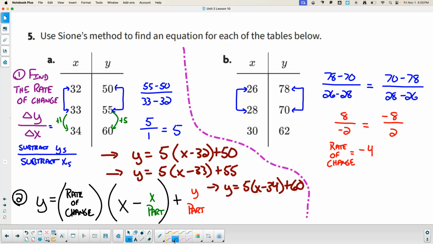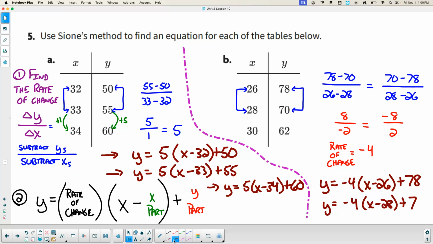So if we pick the first one, y equals negative 4 times x minus 26 plus 78. Y equals negative 4 times x minus 28 plus 70. Or, see if I can fit it in, negative 4 times x minus 30 plus 62.